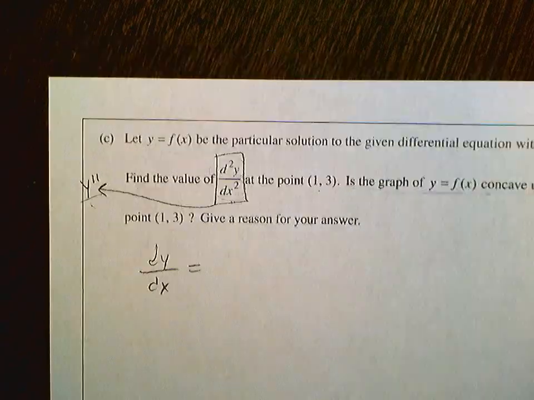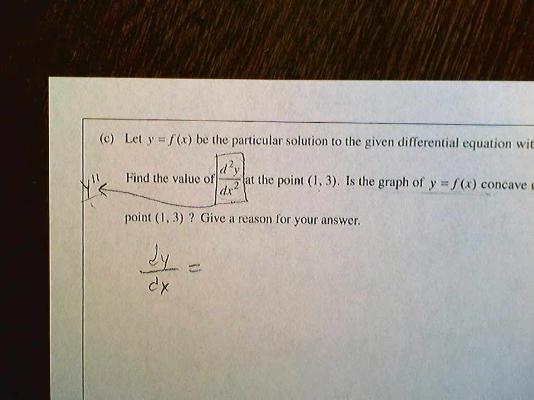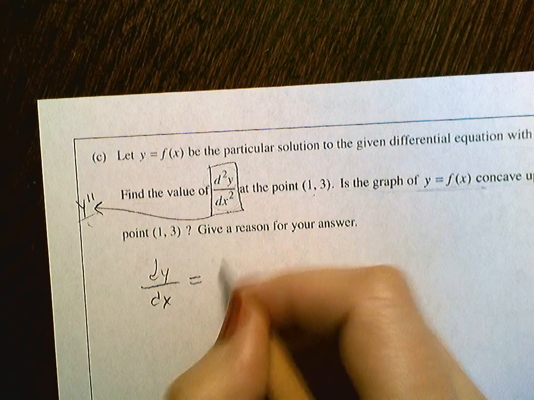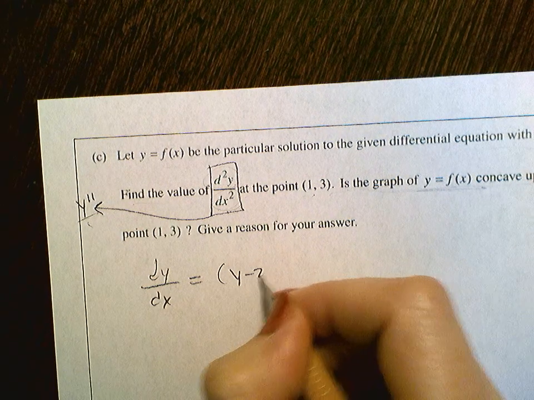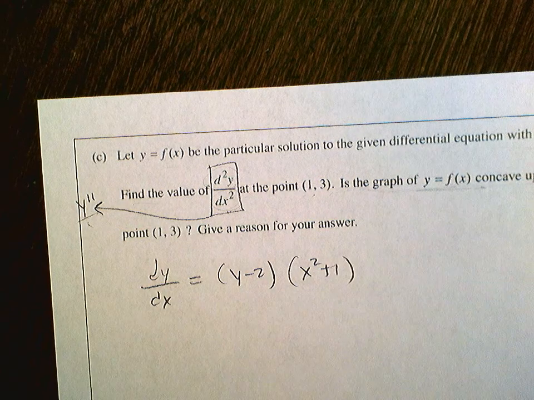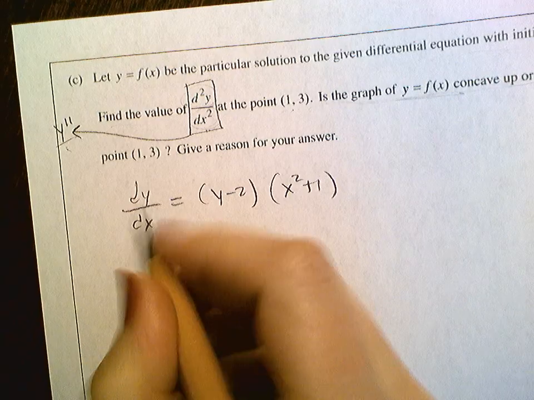Guys, so often these AP problems, you just go back to the beginning to tie things together. So they told us that this was y minus 2. And now I need the second derivative of it.